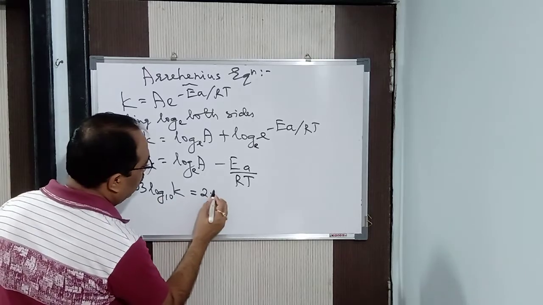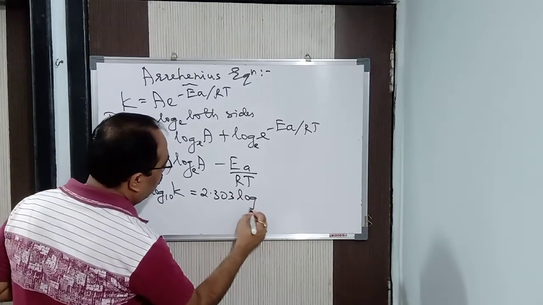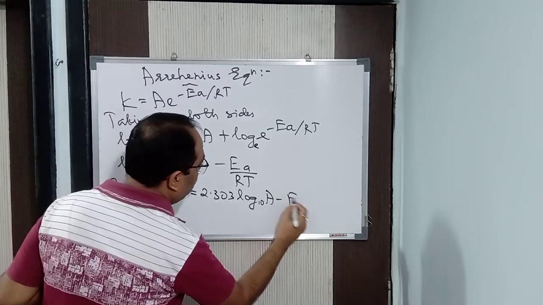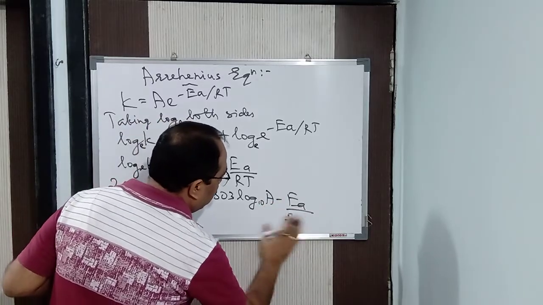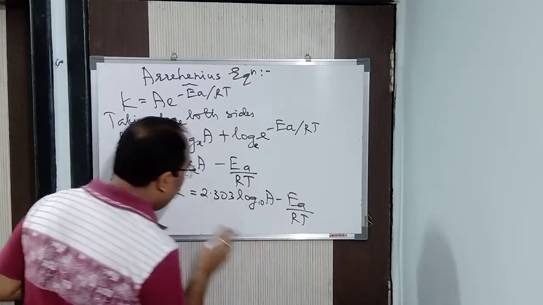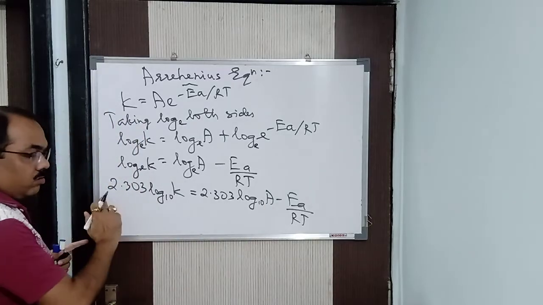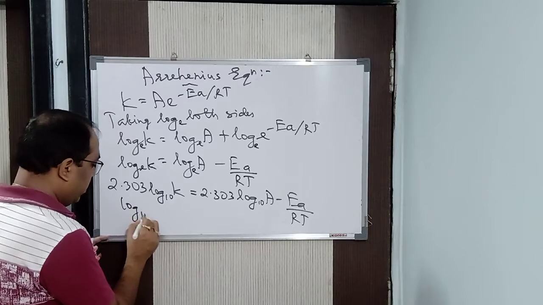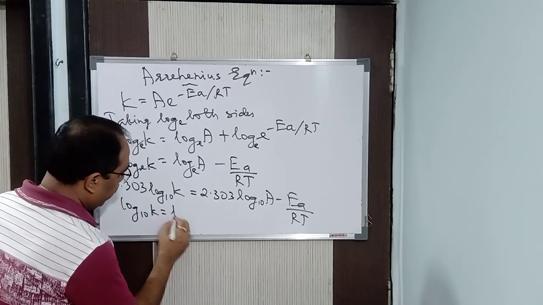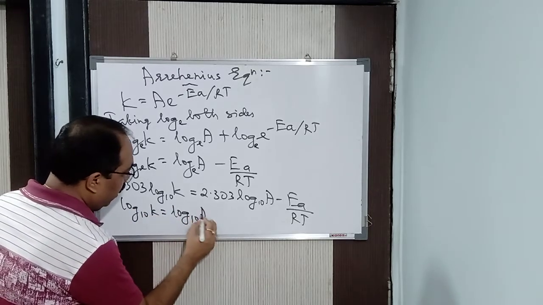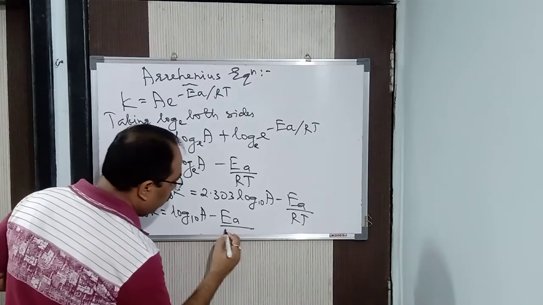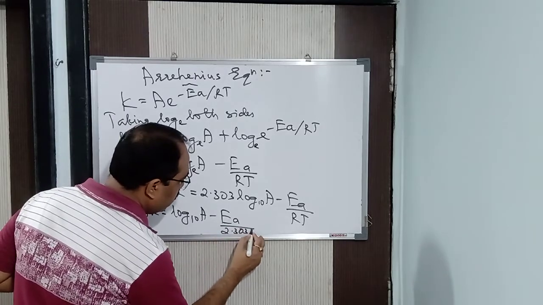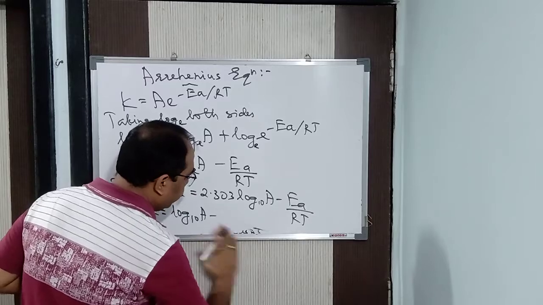Here also, 2.303 log base 10 of A minus Ea by RT. Now I will divide by 2.303 throughout. What will happen? You will get this equation: log base 10 of k is equal to log base 10 of A minus Ea by 2.303 RT.